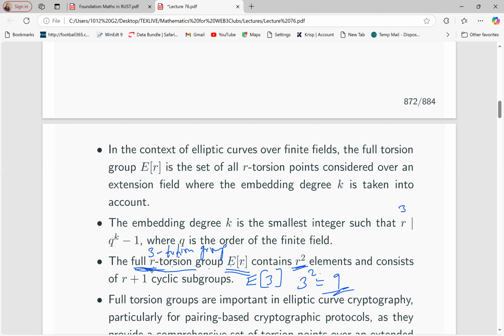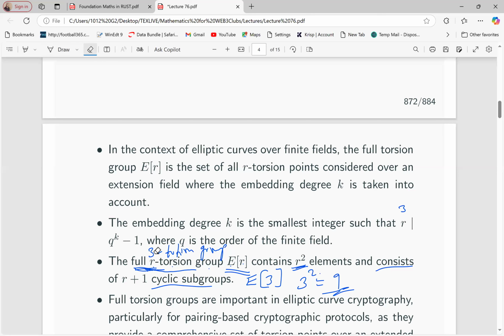And then it will have r plus 1 subgroups. So if r is 3, we'll be talking about 4 subgroups. We'll see how to find those subgroups. That's no problem.